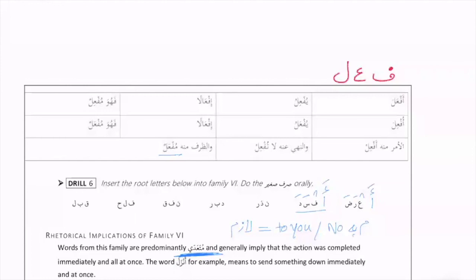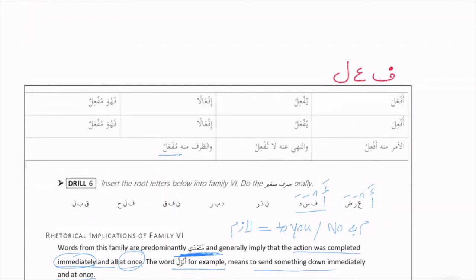And what is the implication? The implication is that the action was completed immediately and all at once. Okay, so whenever we have this family 4, Aslama family, the implication is that the action was completed immediately, one thing, and all at once. So the word anzala, for example, means to send something down immediately, all at once.